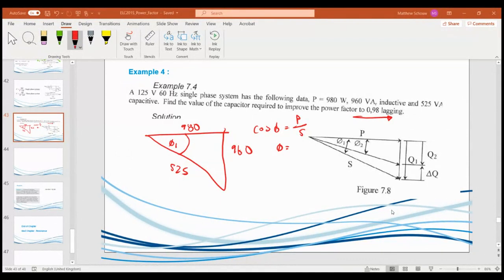P is 980 divided by 525. I'm pretty sure of that. What do we get? Cos is P is 980, 525.